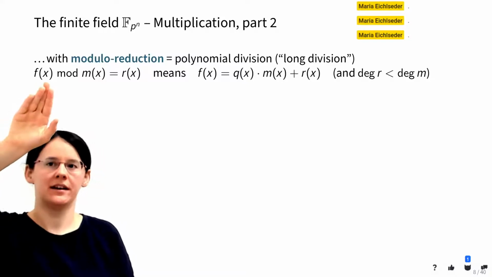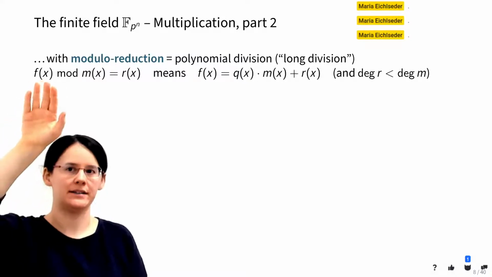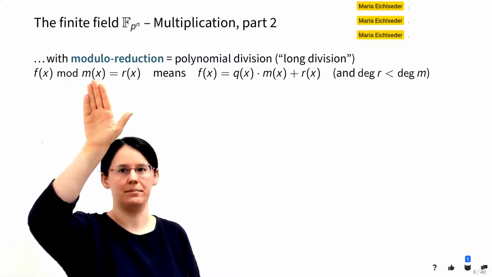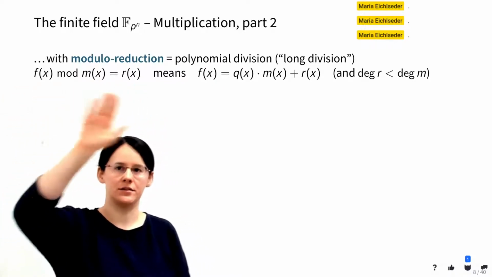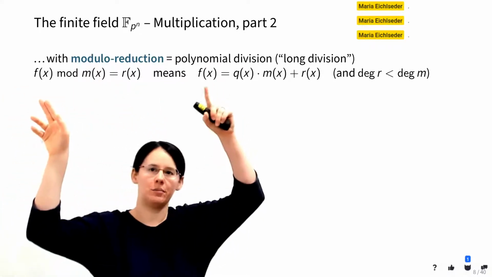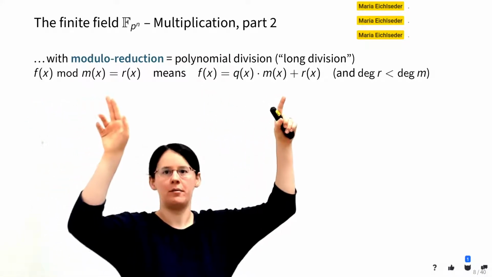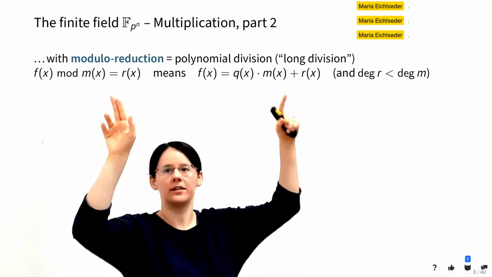If I take the result of my computation, some polynomial f of x, and I compute modulo some modulus polynomial m, then I get some result r. What this notation means is that the original polynomial can be written as some multiple of the modulus plus a remainder. And the remainder is in some sense smaller than the modulus.